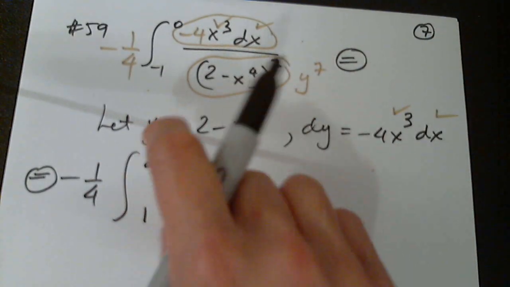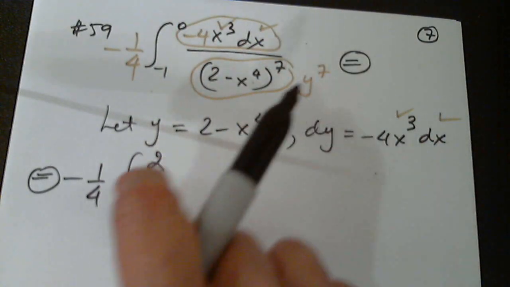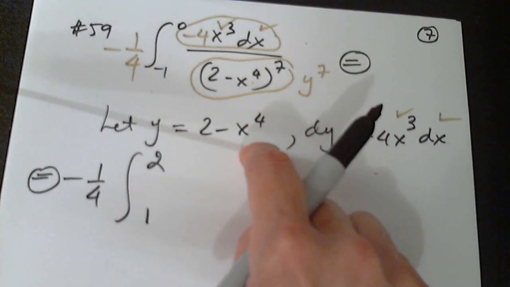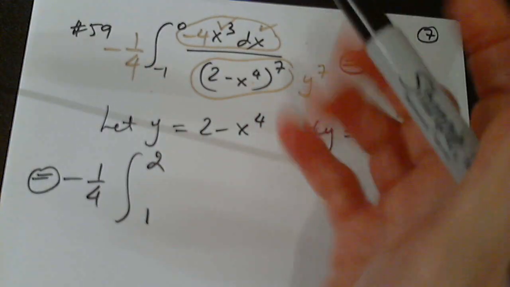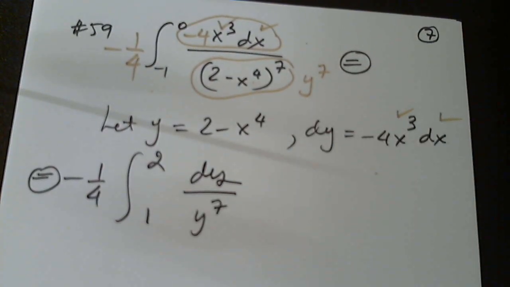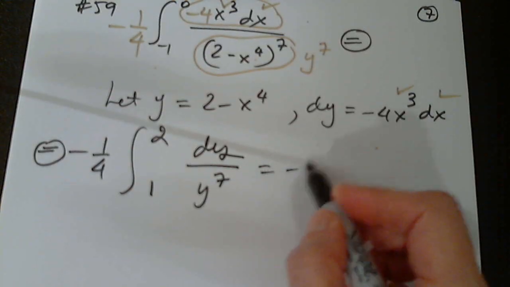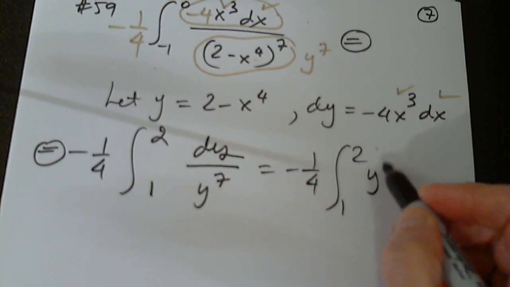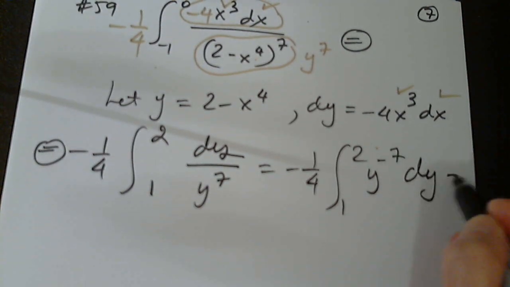So the upper limit for y is given from the upper limit for x. The lower limit for y is given from the lower limit for x. The numerator is dy. The denominator is y to the 7th. -1/4, the integral from 1 to 2, of y to -7 dy.